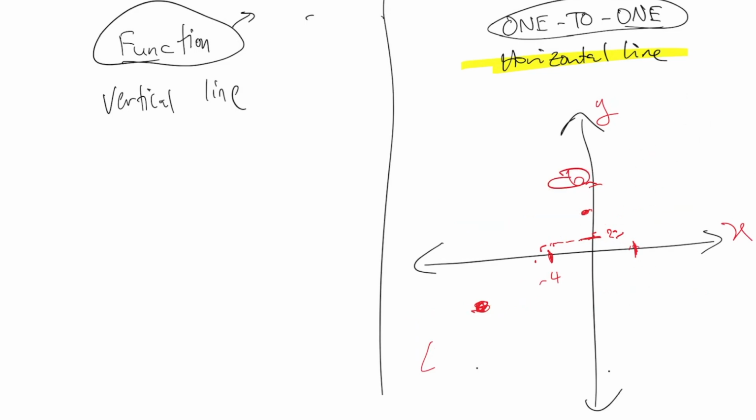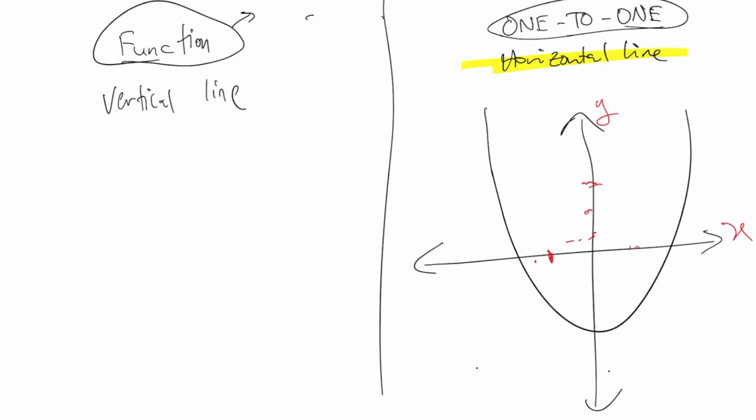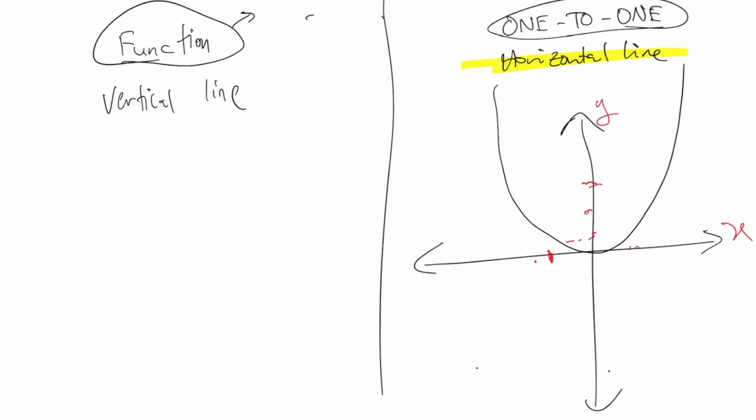Let's now see an example of a curve that is not one-to-one. Here, apply the horizontal line. 2 intersection points. Straight away we could say it's not one-to-one by the horizontal line test. But why exactly?